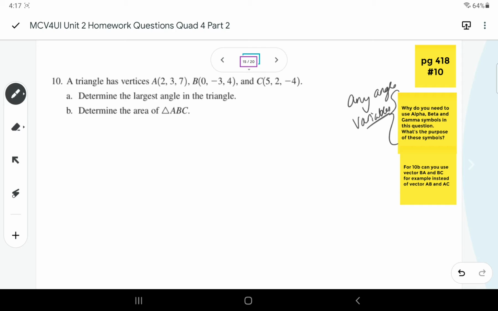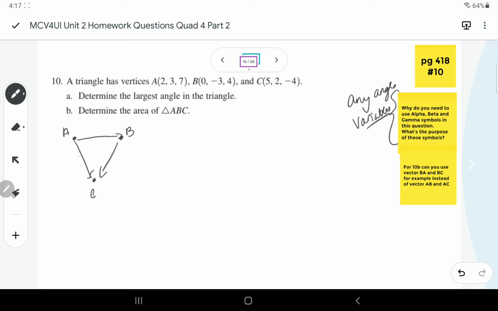But I would say that if you had these points, like A, B, C, I would want to figure out what are each of these vectors. So I would find AB, AC, and BC.